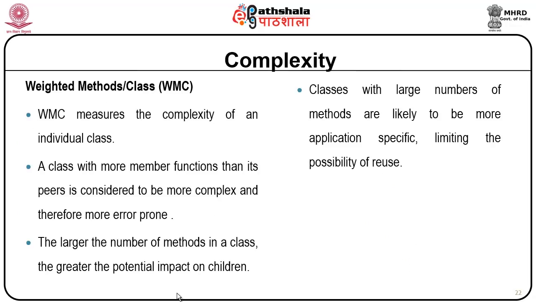Complexity: weighted methods per class. Weighted methods per class measures the complexity of an individual class. A class with more member functions than its peers is considered to be more complex and therefore more error prone. The larger the number of methods in a class, the greater the potential impact on children. Classes with large numbers of methods are likely to be more application specific, limiting the probability of reuse.